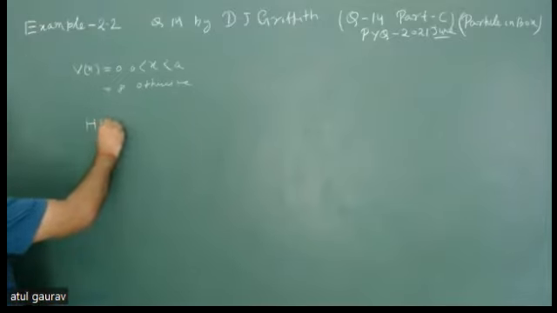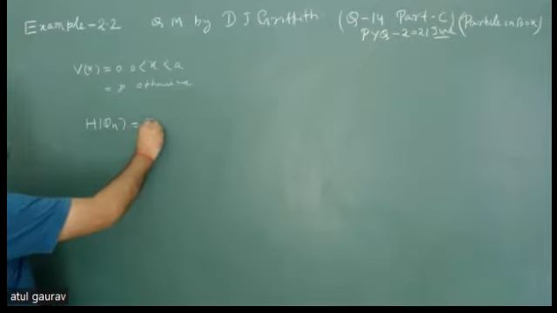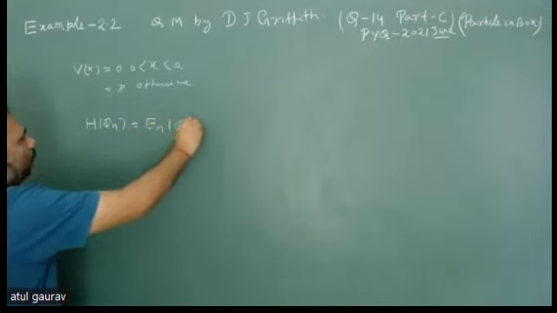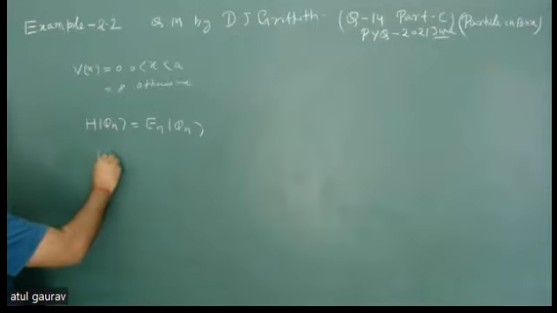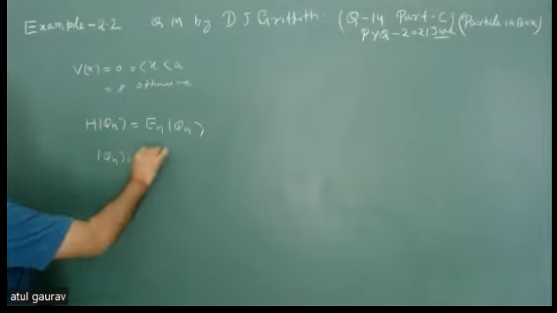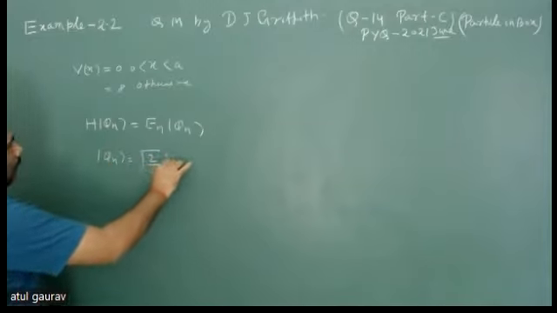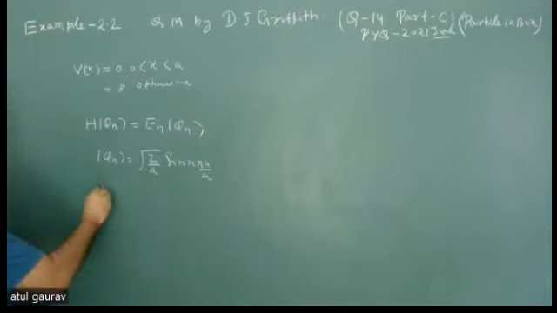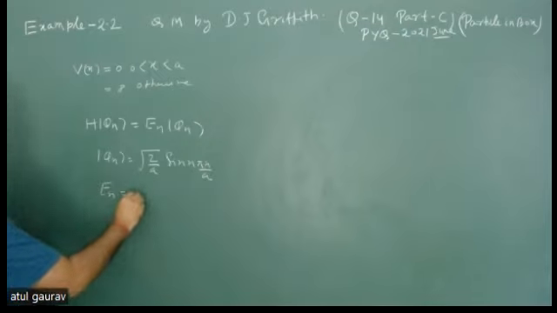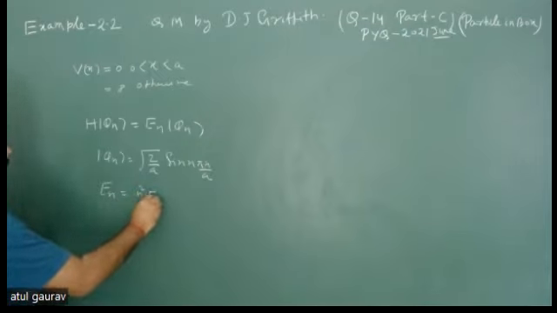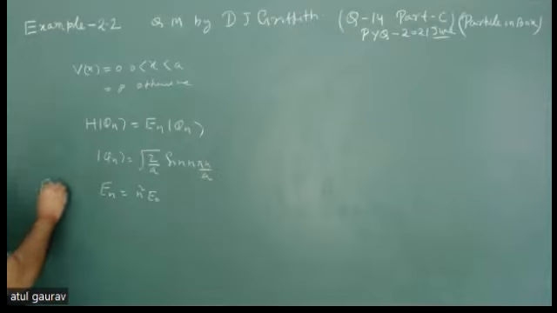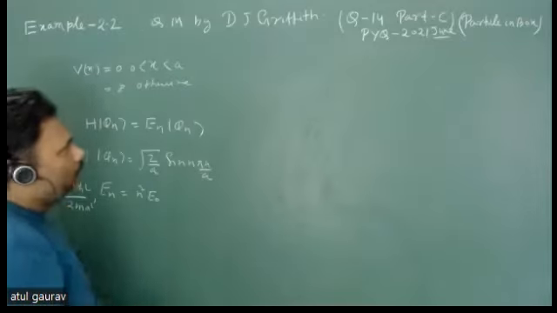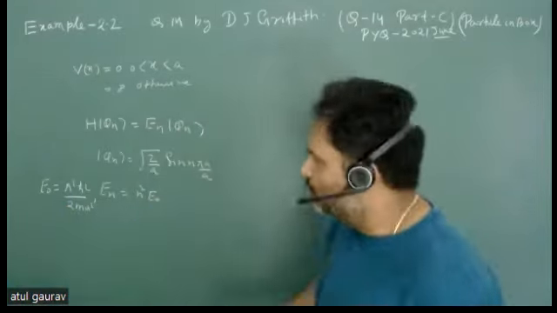H phi n equals E n phi n, where phi n is equal to the square root of 2 upon a times sine of n pi x upon a, and E n is n squared E naught, where E naught is given by pi squared h bar squared upon 2 m a squared. We already know these.